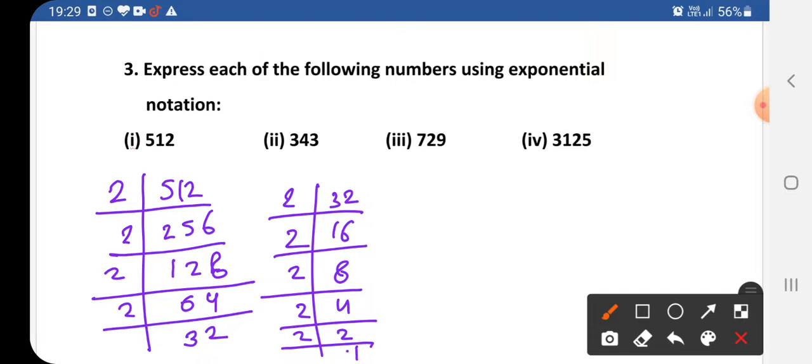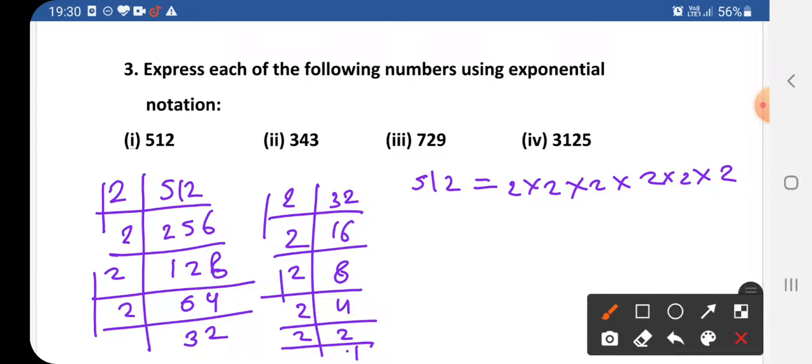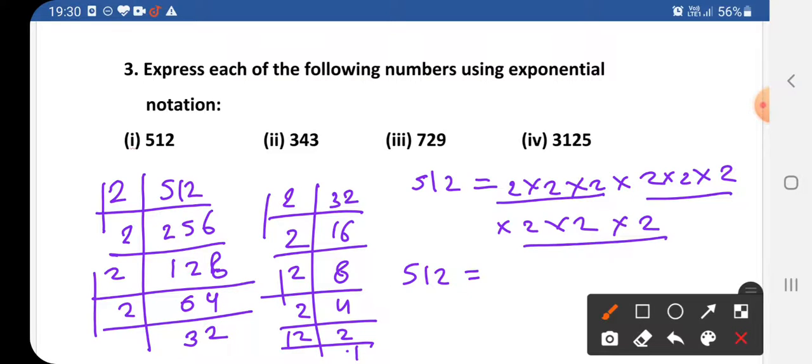So what are the factors here? 512 can be written as 2 into 2 into 2 into 2 into 2 into 2 into 2 into 2 into 2. So many 2s are there. Let's count how many 2s are there. 1 2 3 4 5 6 7 8 9.